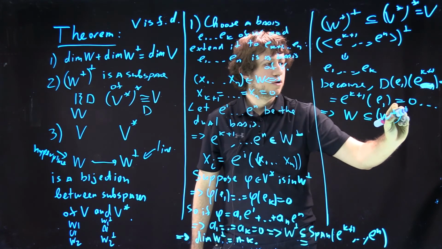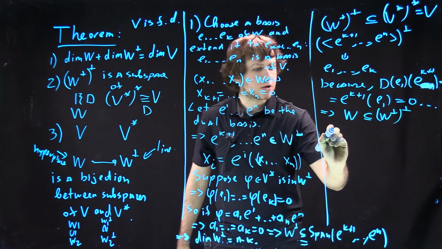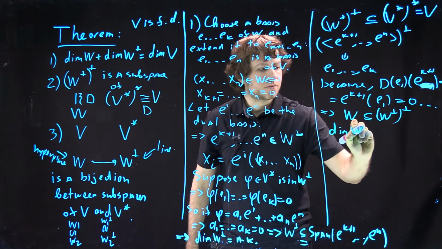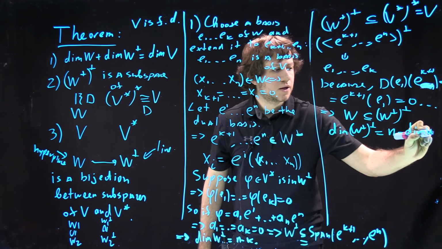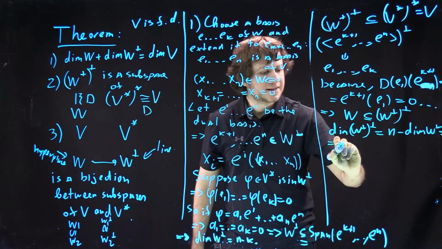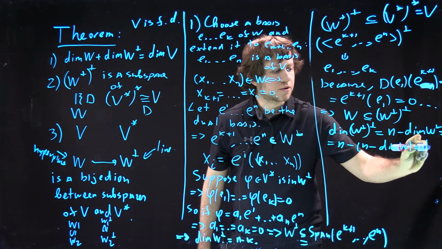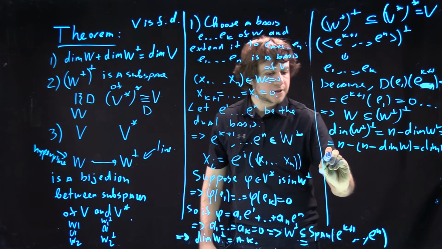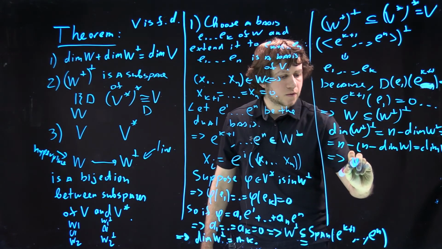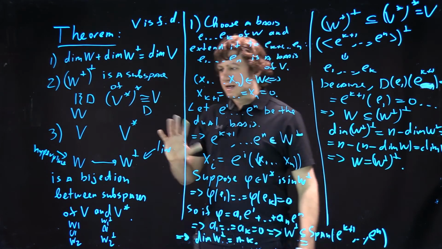But then, of course, we know that the dimension of W_perp perp is N minus the dimension of W_perp, which is N minus N minus dimension of W, which is just the dimension of W. And we already have K linearly independent vectors there, so we see that W equals W_perp perp.